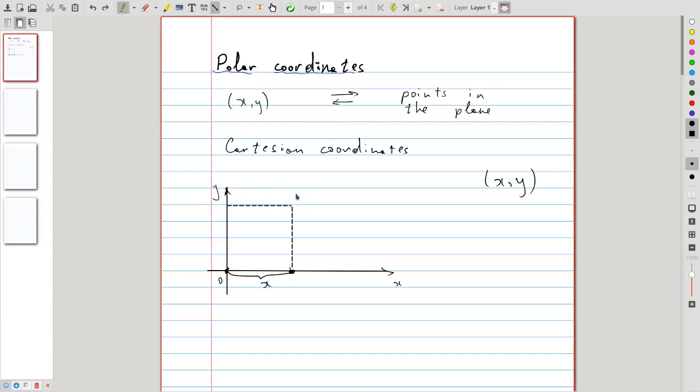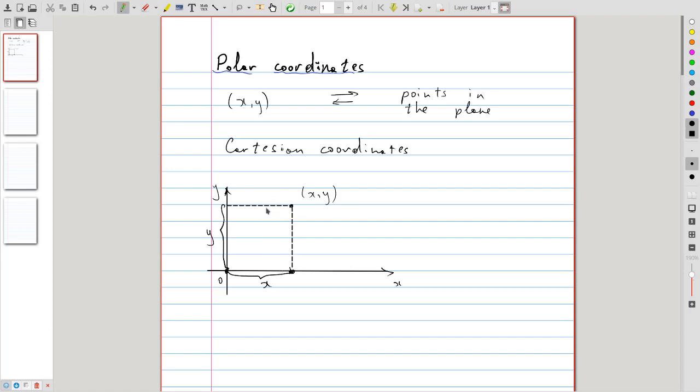So this would be the point with coordinates x, y. And so the way to find it is to go x to the right and y upwards, where x and y denote the units measured in some fixed system of units. You can use imperial units, you can use metric units, and so on. But this is a way to find a point in the plane given a pair of numbers x, y.